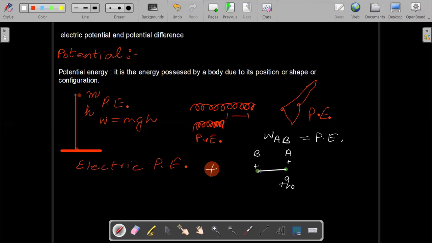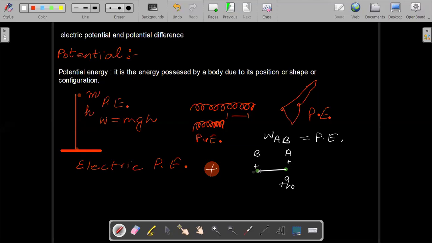In the similar way, here we have a positive charge plus Q naught placed at point A and we are moving it to point B, which is closer to this charge. Definitely I am doing some amount of work, and that work is stored there in the form of potential energy.